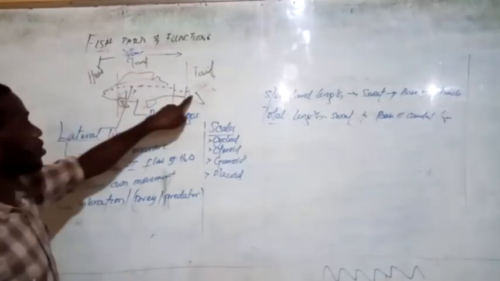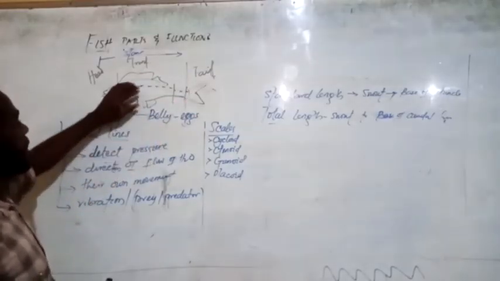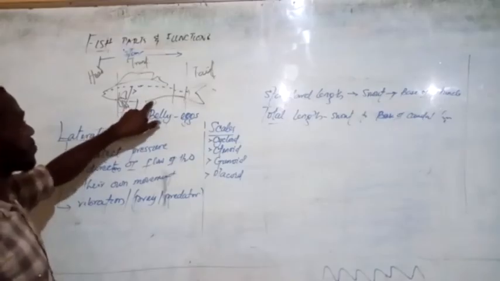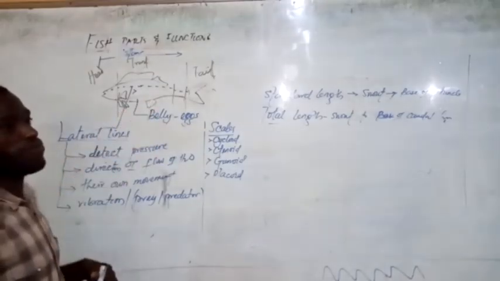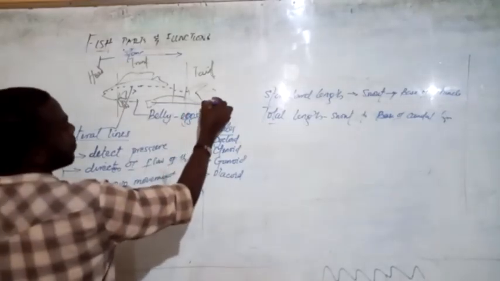And as well, we talked about the caudal fin, which is for speed control basically, and the anal fin, which is basically for keeping the fish stabilized in water to prevent wobbling.